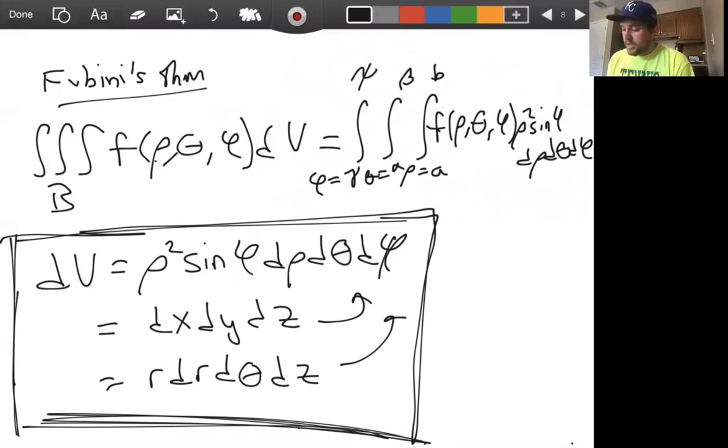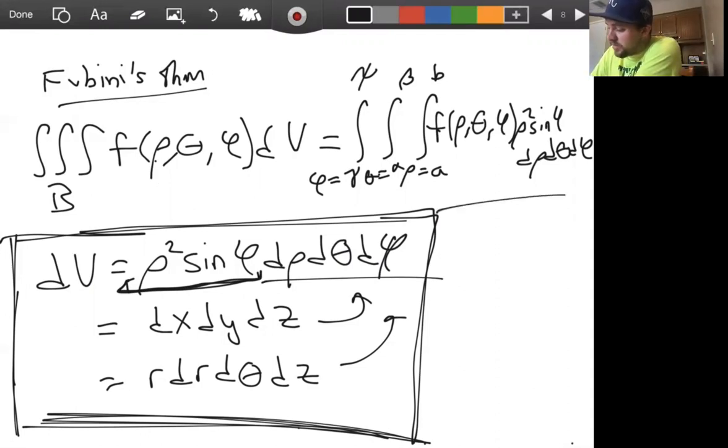So here, we have to tag along this rho squared sine phi with our differentials d rho, d theta, d phi, right?